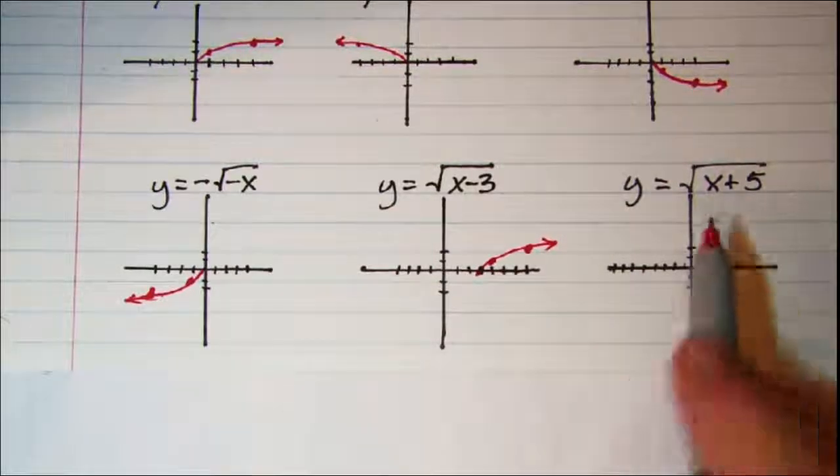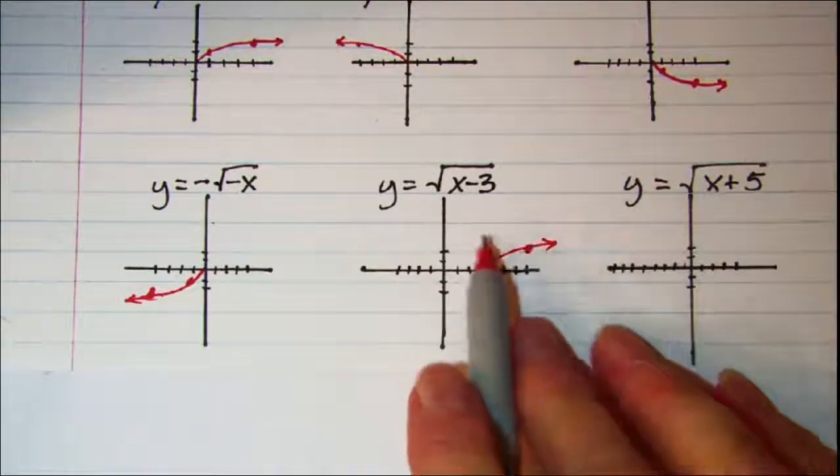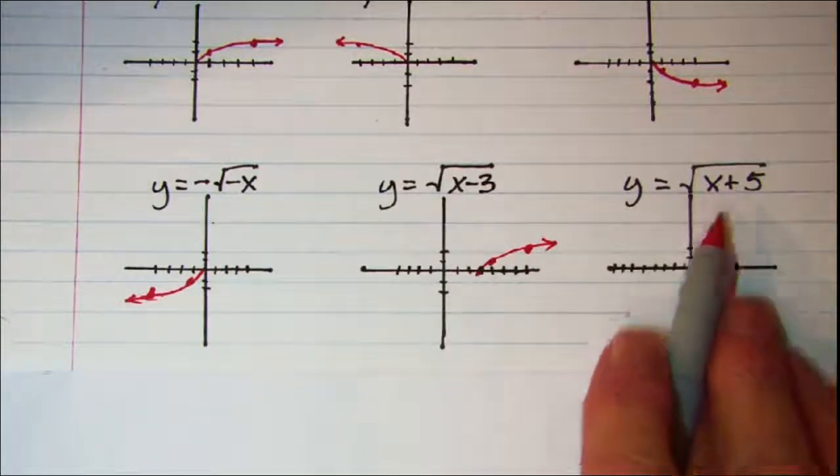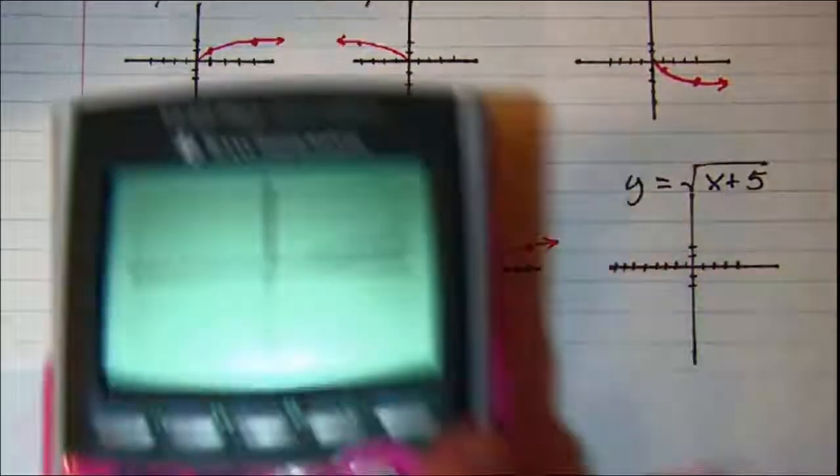And then we should be able to extrapolate from this information that this one will move it left 5 units. Let's see if it does.